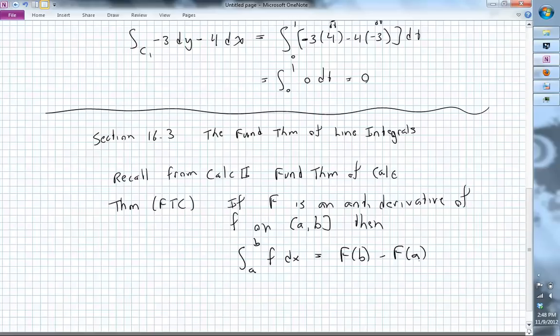And you're not going to be surprised to learn that this fundamental theorem of line integrals is yet another vehicle that we'll use to compute line integrals. And there's another similarity. Sometimes you can't find capital F, right? What's a function where you can't find capital F?